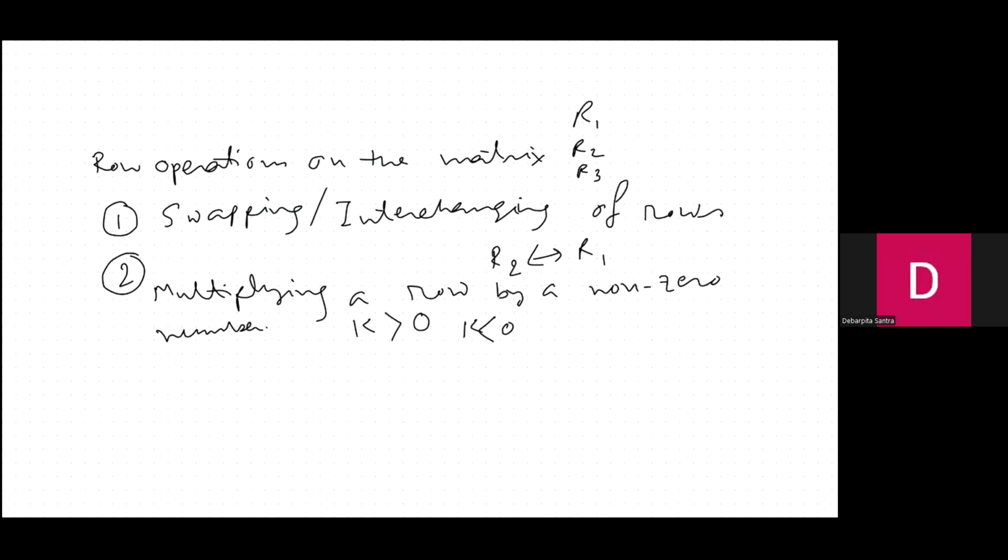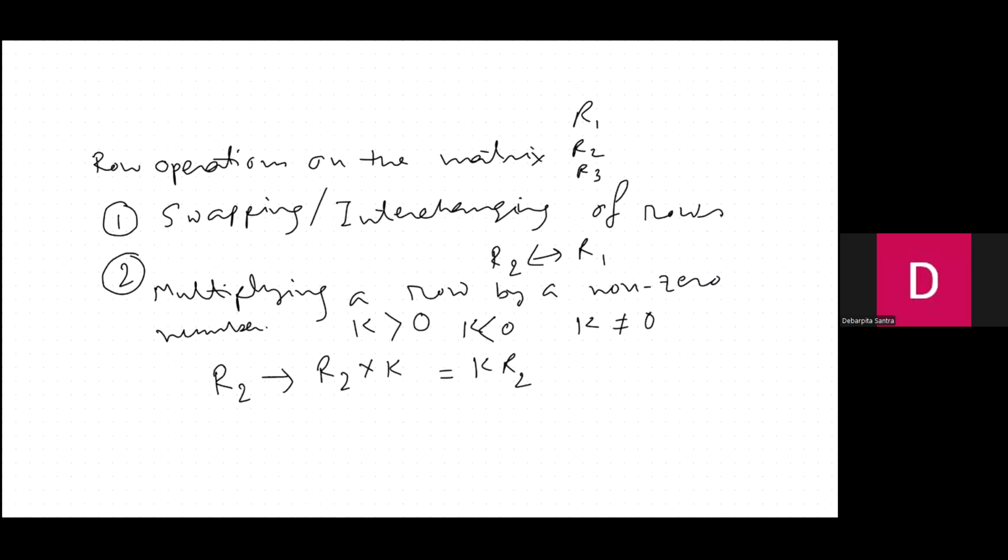So k is a non-zero number. Now, with any row, suppose we take R2, R2 can be multiplied with k. That is allowed. R2 into k, or we can write, kR2. So that is also allowed, kR2.